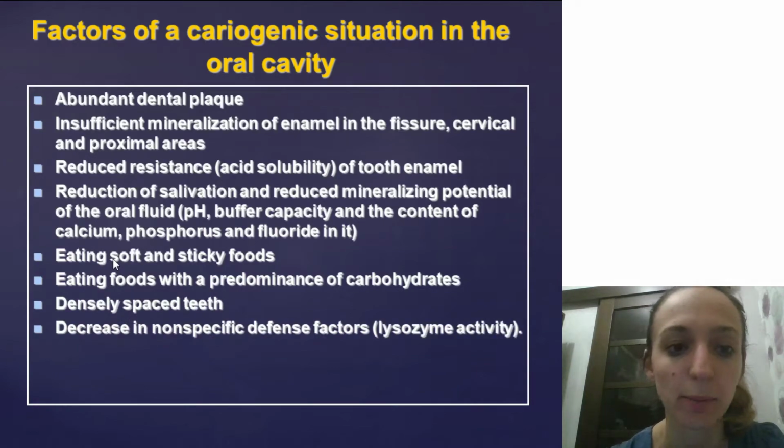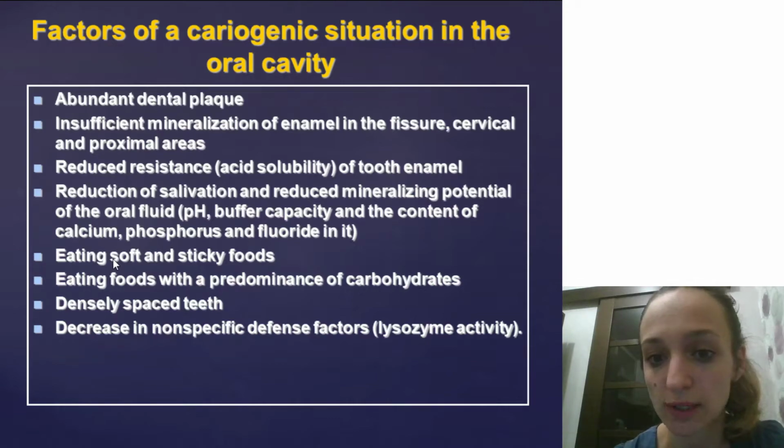It is abundant dental plaque, insufficient mineralization of enamel in the fissure, cervical and proximal areas. It is reduced resistance of tooth enamel, reduction of salivation, and a reduced mineralizing potential of the oral fluid, so pH, buffer capacity, and the content of calcium.